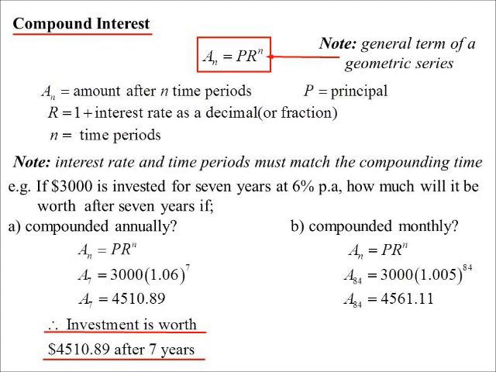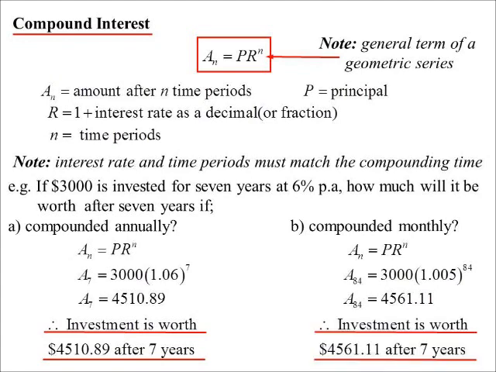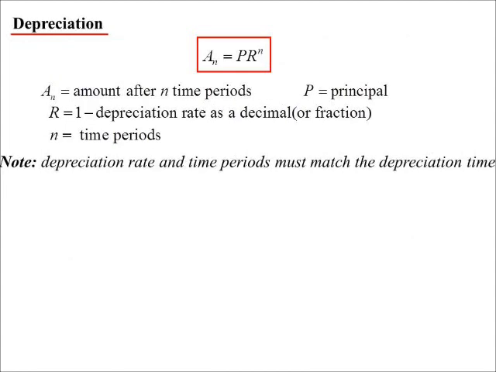By the way, this is where sometimes I'll use fractions instead of decimals, because if that interest rate is not something that divides nicely, then I'll just write it as a fraction over 12. And we get 4,561, so not a lot more, but by compounding monthly, we get an extra $50 or so.